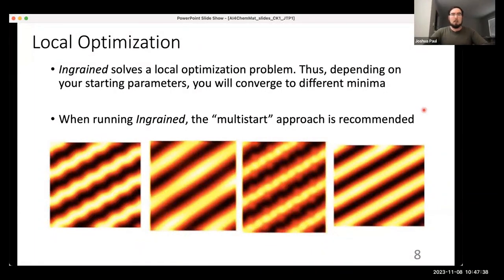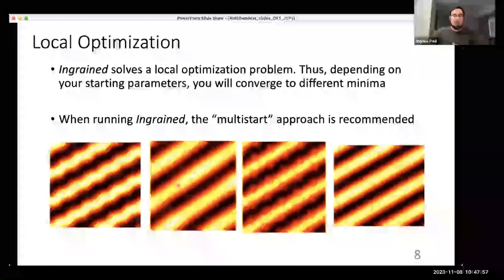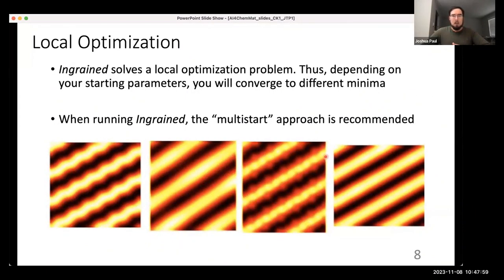On the bottom here is Ingrained run with 4 different sets of starting parameters for an experimental system. You see here that they converge on similar structures, but there are nuances. Here you get a wiggle pattern that is mostly consistent throughout. Here you get bands that get thinner and thicker. Here you get more atomically resolved wiggles. And here you get flat, consistent bands.